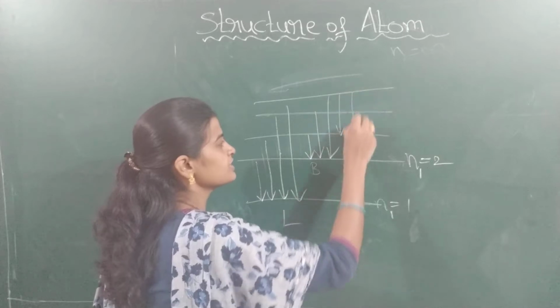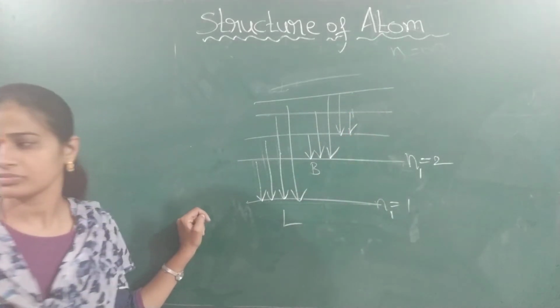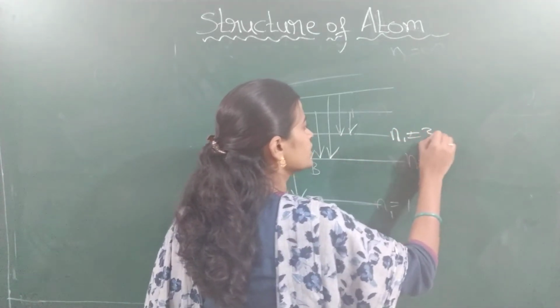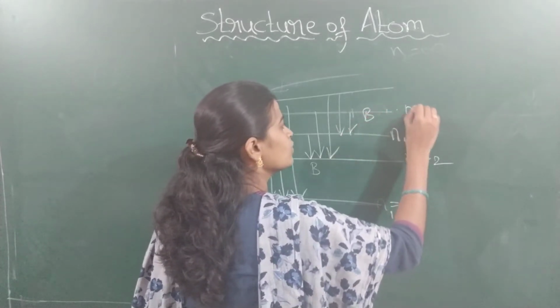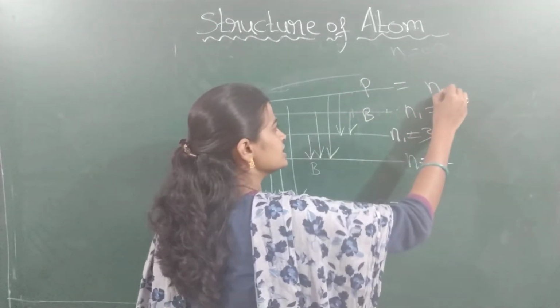For the Paschen series, n1 is equal to 3. For the Brackett series, n1 is equal to 4, and for the Pfund series, n1 is equal to 5.